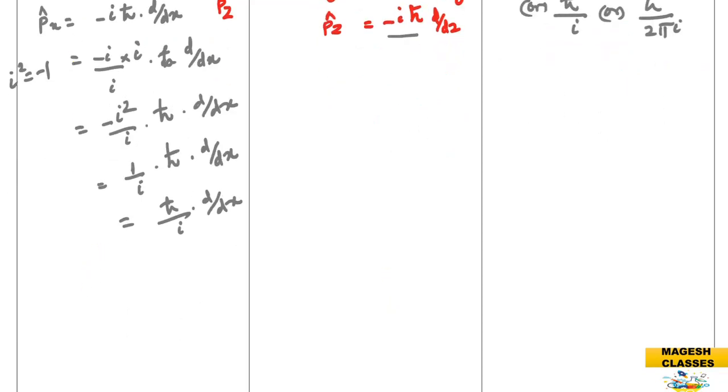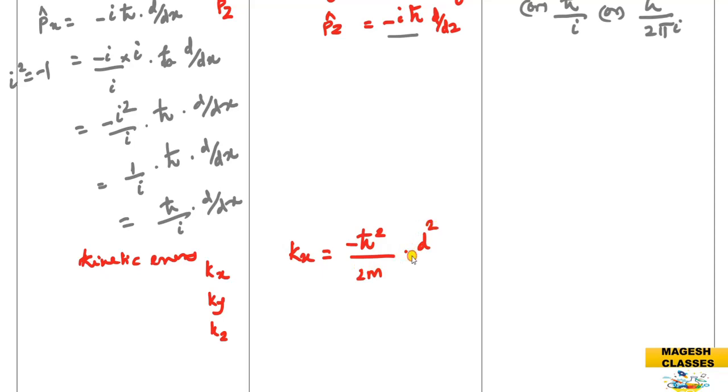In case of kinetic energy, it is kx, ky, kz. The corresponding operator kx is equal to minus h cut square divided by 2m into d squared by dx squared.